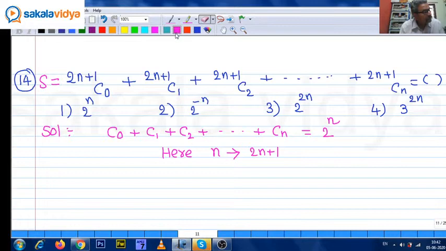Okay, up to 2n plus 1 Cn, only that we have. Up to n, after that how many terms do we still have? n plus 1 terms, n plus 1 up to 2n terms.